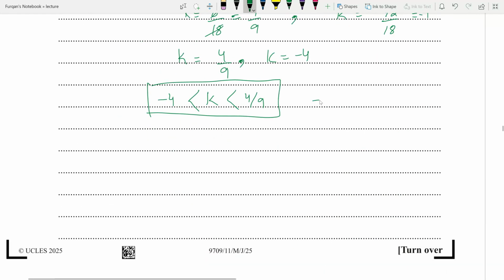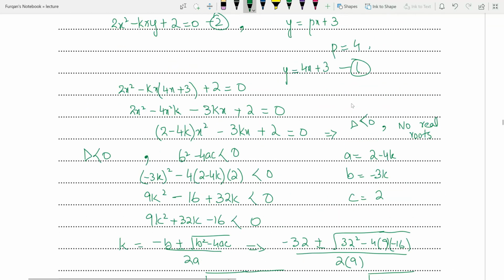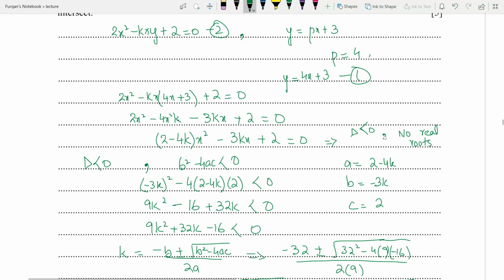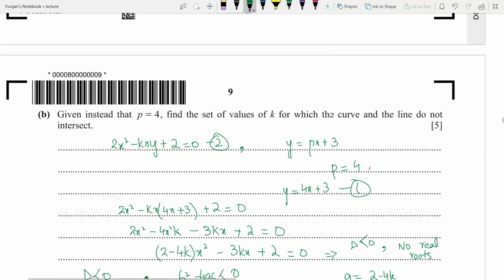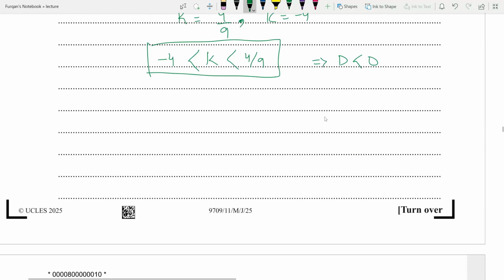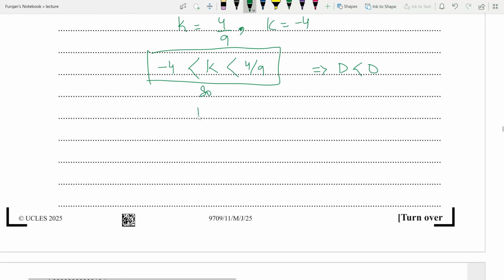This is the range when the discriminant is less than 0, and we will not find any real solution. So we can say that there will be no intersecting point. No real solution means no intersecting point.